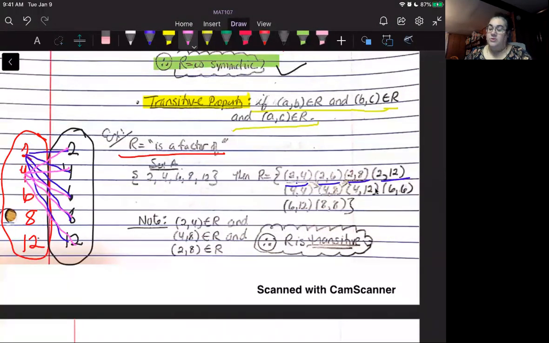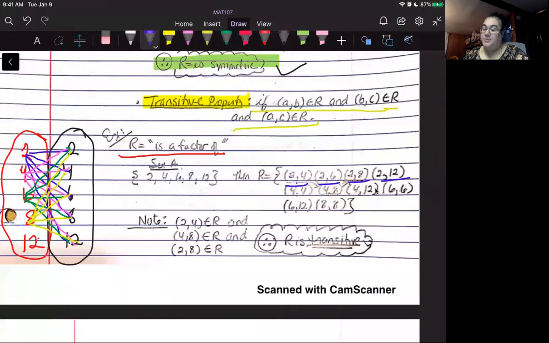Then we'll do it in green. 6 goes to 2, 6 goes to 4, 6 goes to 6, 6 goes to 8, 6 goes to 12. Then we'll do it in yellow. 8 goes to 2, 8 goes to 4, 8 goes to 6, 8 goes to 8, 8 goes to 12. And last but not least, we'll do it in blue.